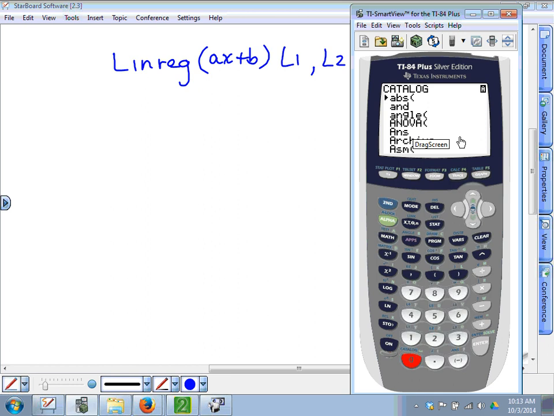You've got to scroll down through a whole bunch until you find the stat diagnostic. So just keep scrolling down. Actually, you can skip all the way down to it. Where's the letter S on your calculator? Hit LN, and it should skip to the S's.